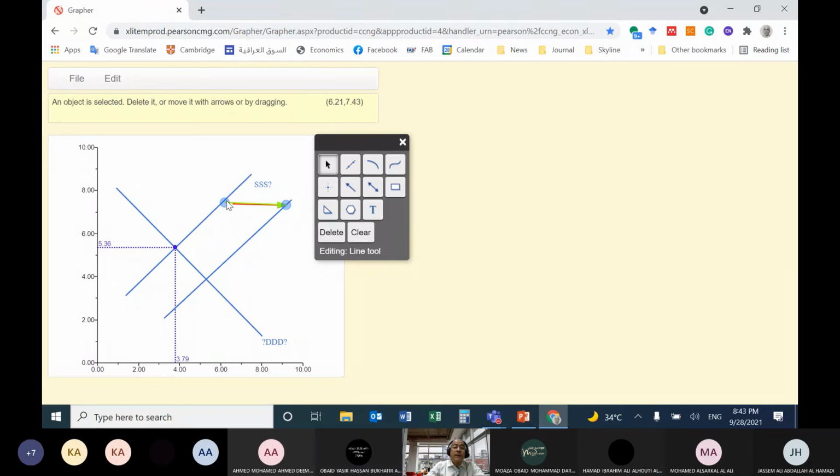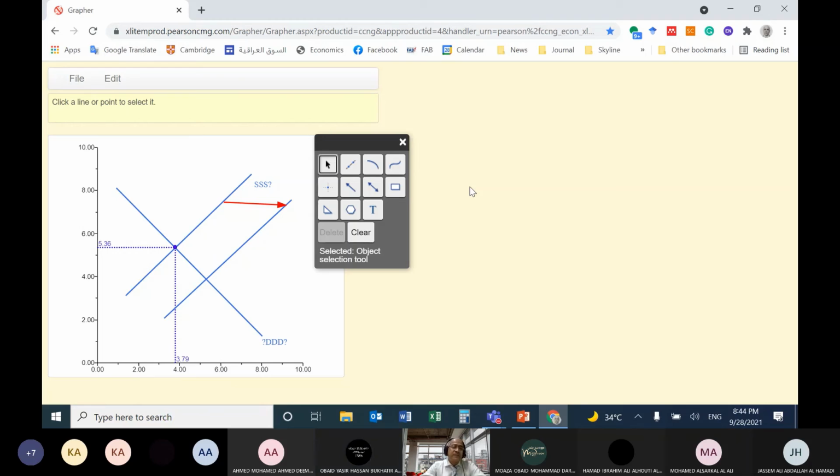Doctor, what do you mean by supply shifting to the right? When the supply curve shifts to the right, it means an increase in supply. If it goes to the left, it means a decrease in supply.